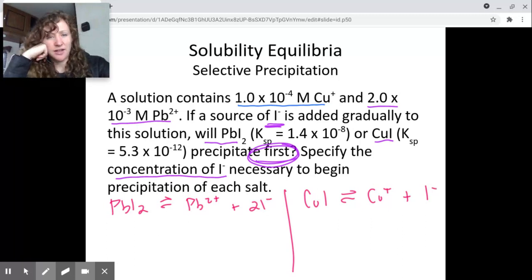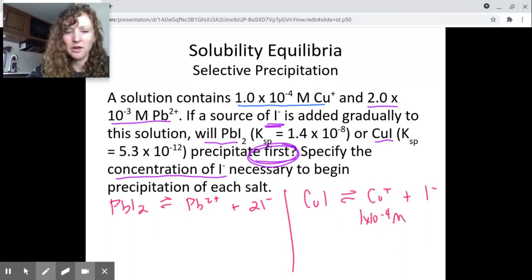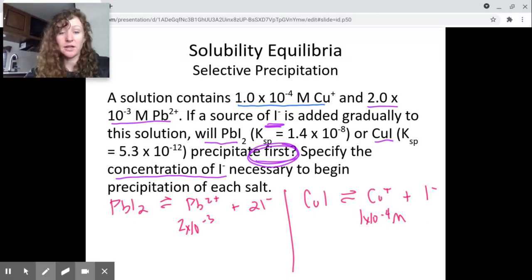Now they give us molarities. So I have 1 times 10 to the negative fourth molar and 2 times 10 to the negative third molar. And we want to figure out the concentration of I minus. Okay. And I have Ksp.